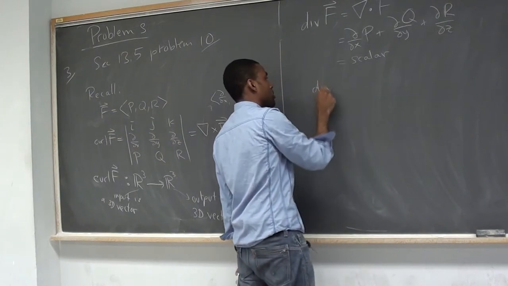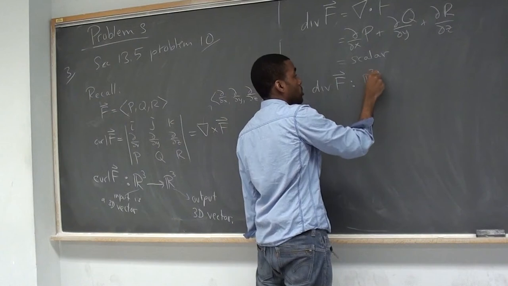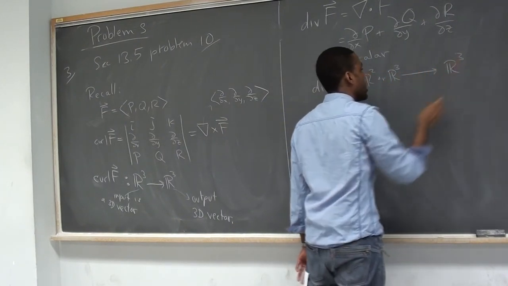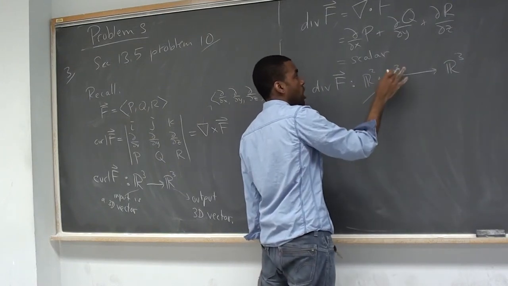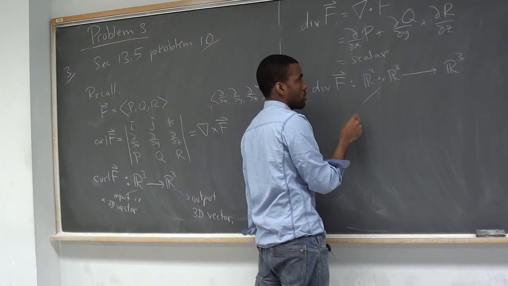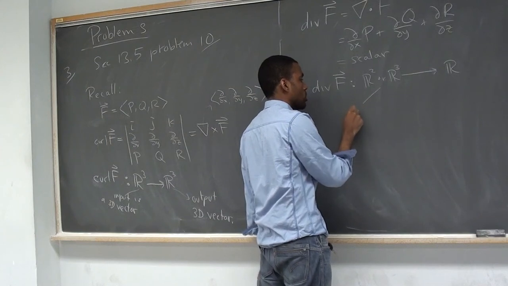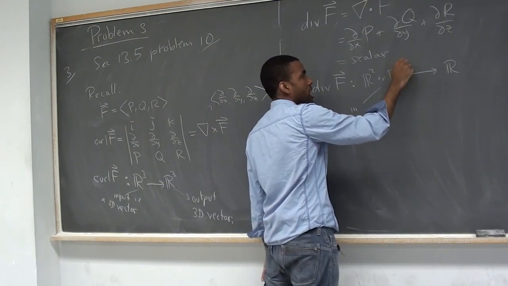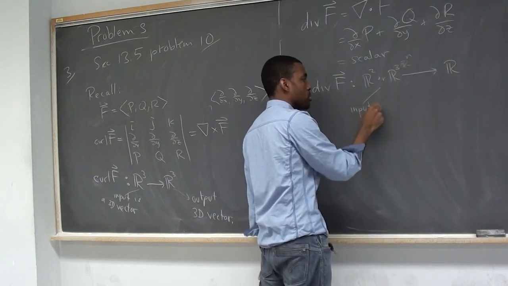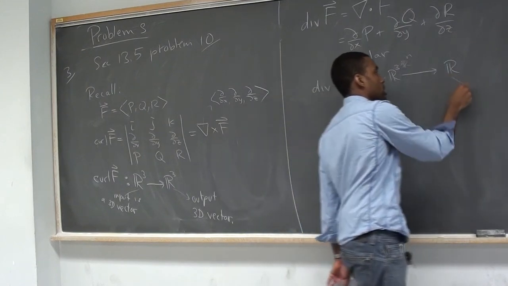Div you can think of as a function from R2 or R3, in general Rn, to R1, a scalar. It actually works in general for any Rn, but we only talk about 2 and 3 in this class. But here it's important that the input is a vector, and your output is a scalar.